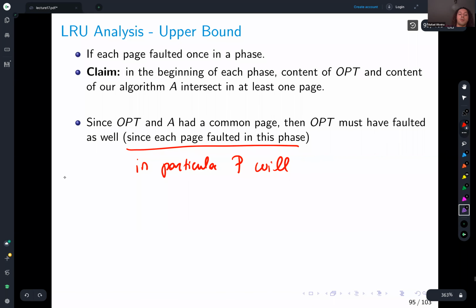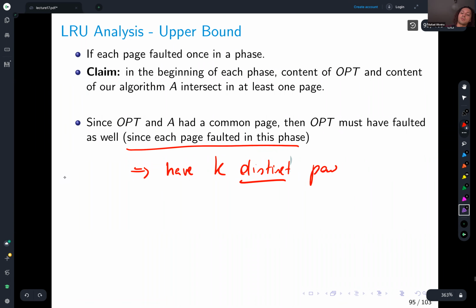Well, sorry. In particular, how many K, like in particular, we have each. So let me say this. This implies that we have K distinct page faults. Correct?